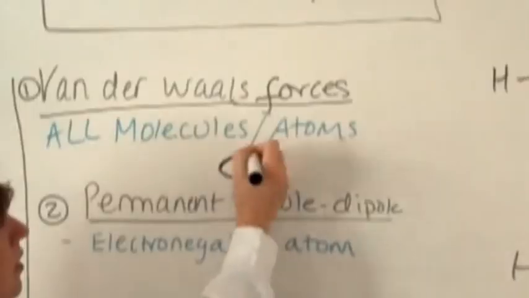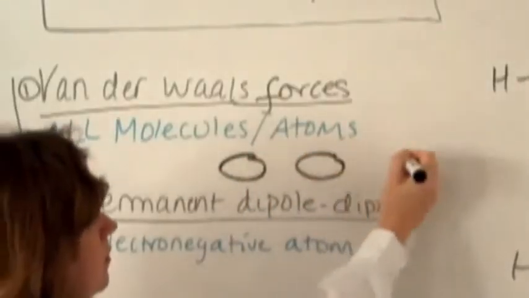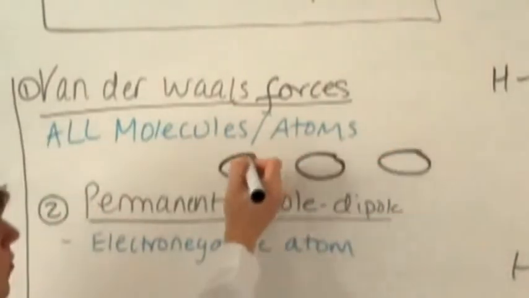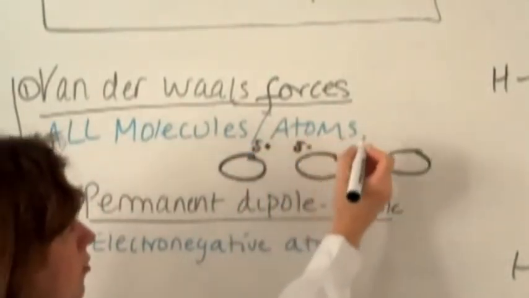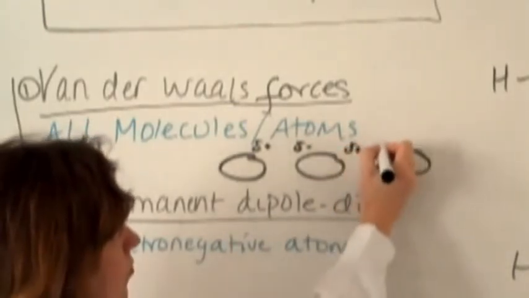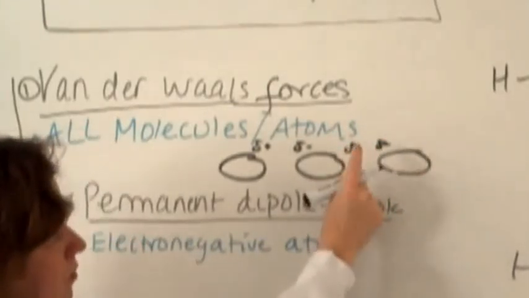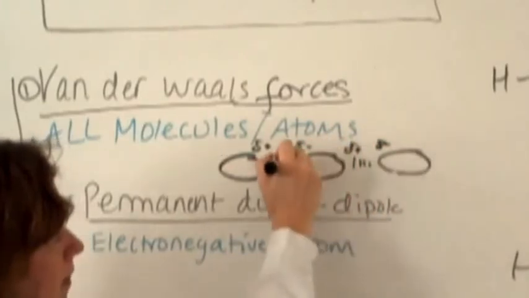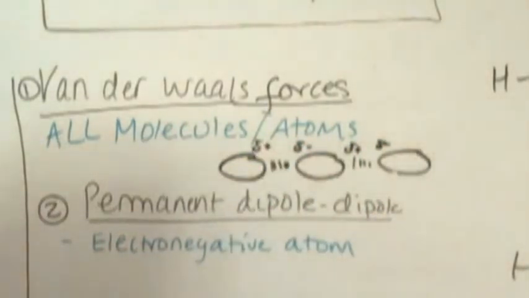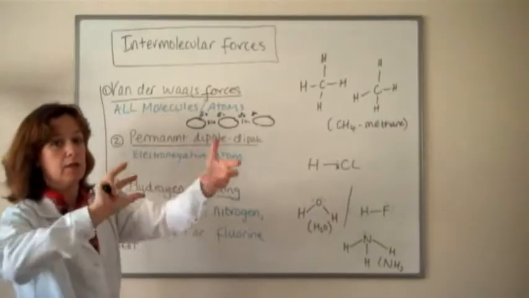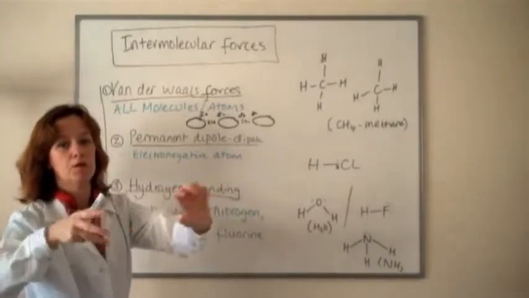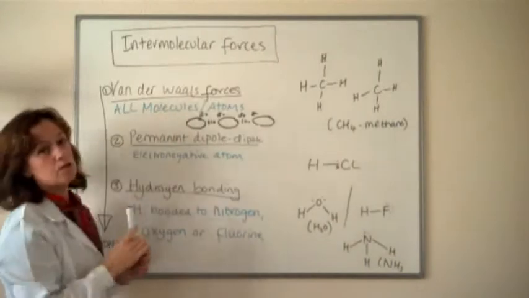You can kind of see here, it becomes like this. I'm not a very good artist, but I think you get the idea. You get these temporary dipoles, with attraction and repulsion between the electrons present. But this is constantly forming and breaking, switching the whole time, and that's why these are so weak.